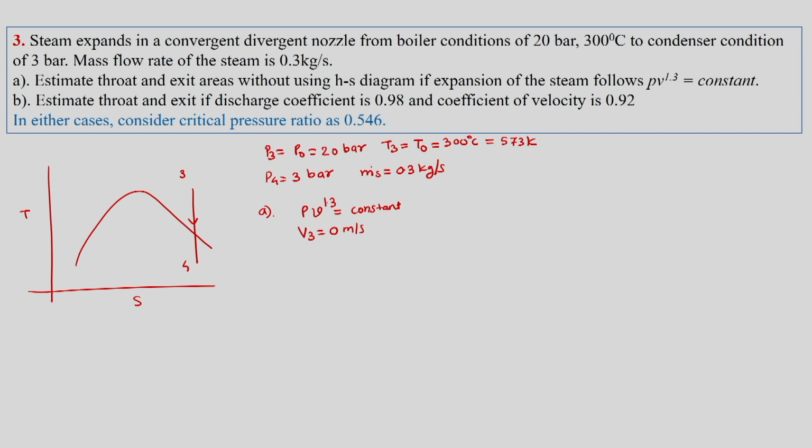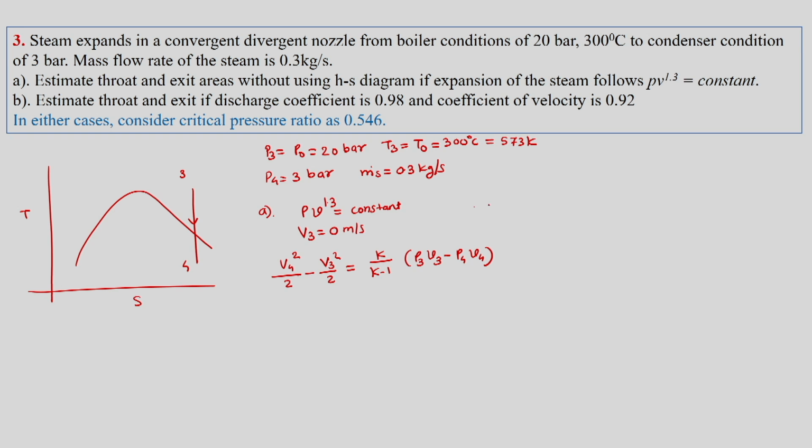So the change in kinetic energy, V4 square by 2 minus V3 square by 2, is equal to K upon K minus 1 into (P3 V3 minus P4 V4). This is what we can use, but before that we are solving for A, and for that we will first solve for the throat.